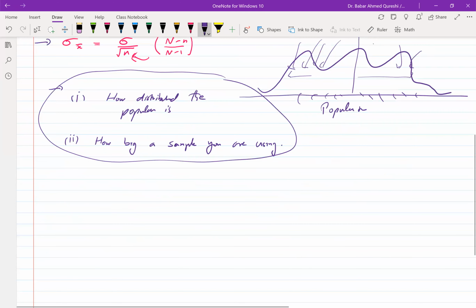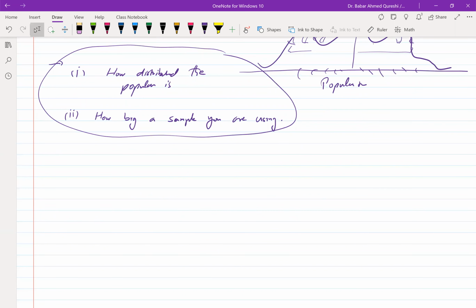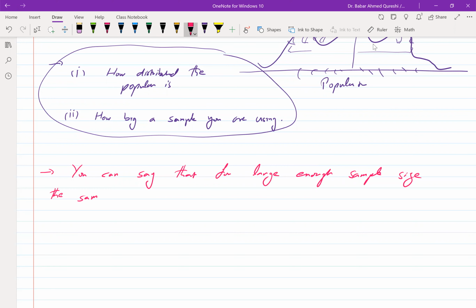In fact, we can say much more, that for large enough sample size, the sample mean distribution is normal.